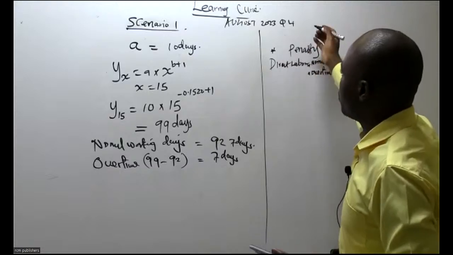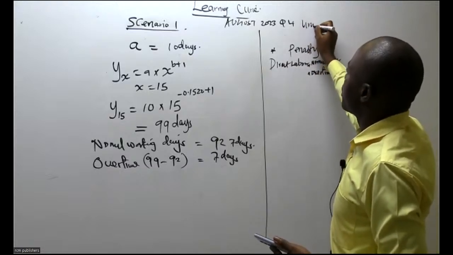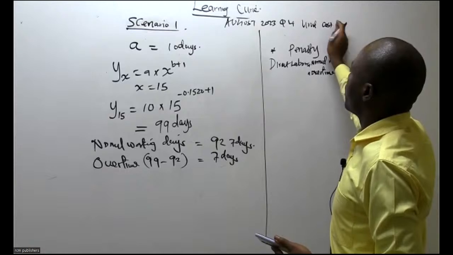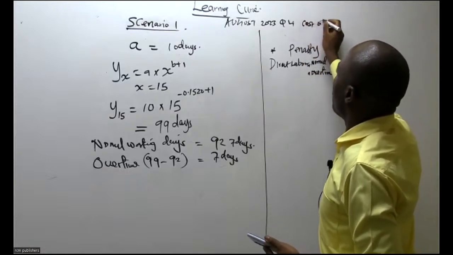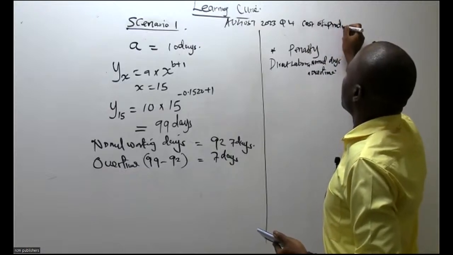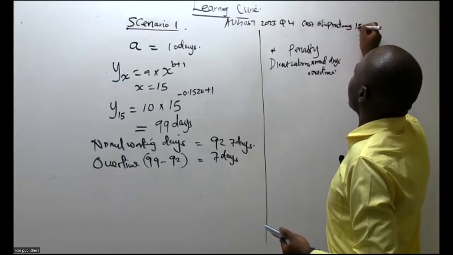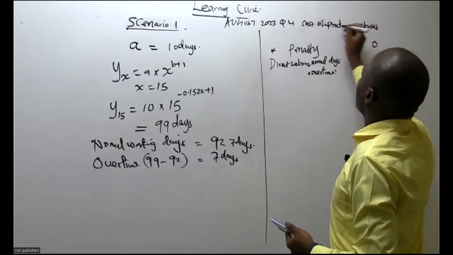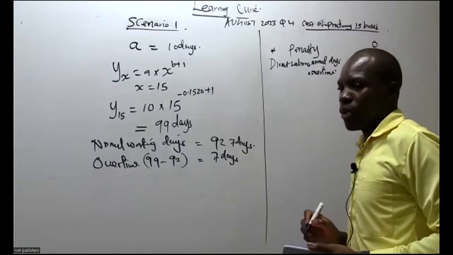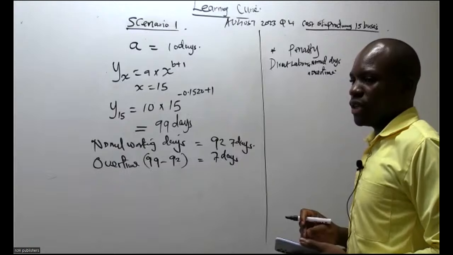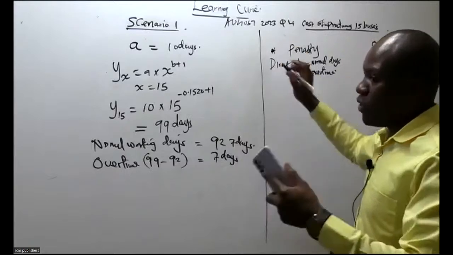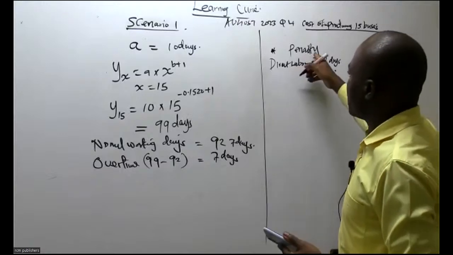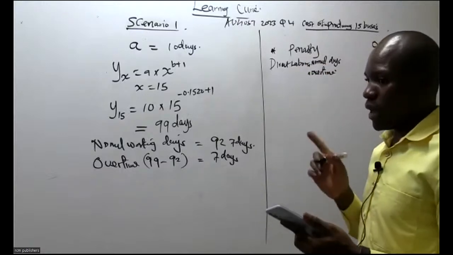Basically, our interest here is to get not even the unit cost, but the cost of producing 15 buses. They have decided to produce all of them within the time allowed. So the penalty will be 0 because no bus will be pending.